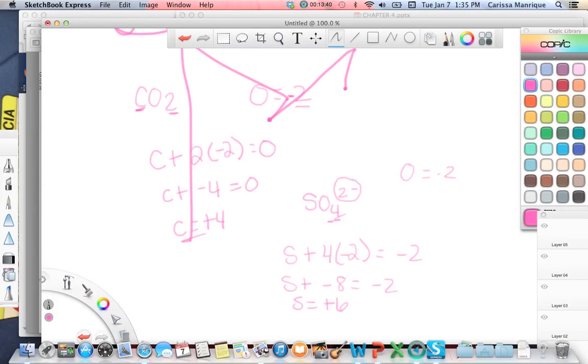Now that we know how to figure out the oxidation state of everything, we're going to look at whether that oxidation state changes. If carbon on one side of the equation is +4, but on the other side it has an oxidation state of -2, you see that it reduced. So we say carbon was reduced. We'll go over that and apply this to an actual equation.